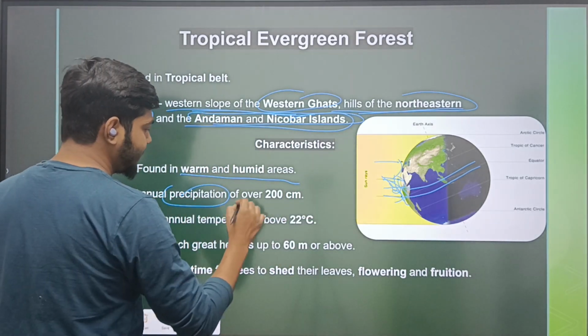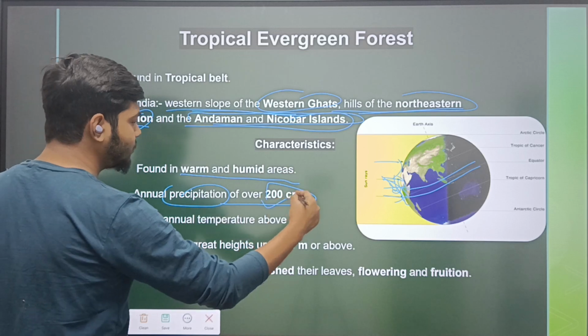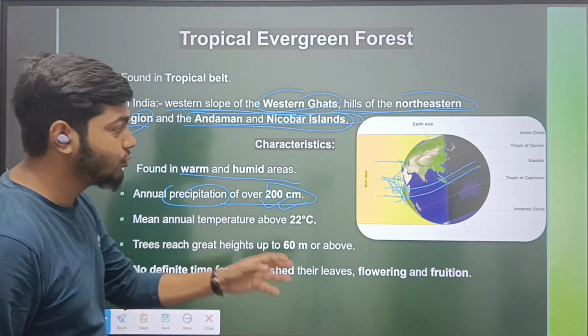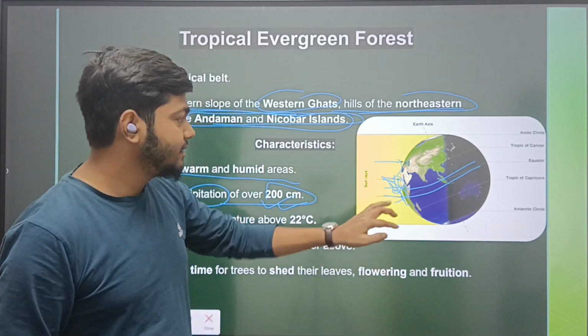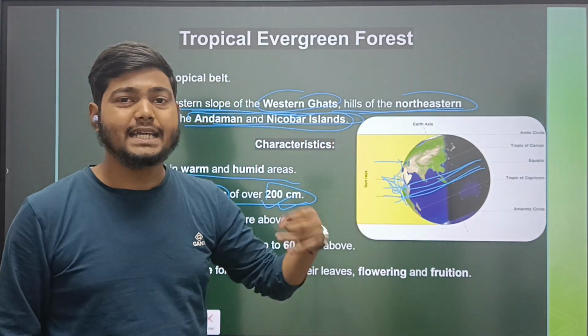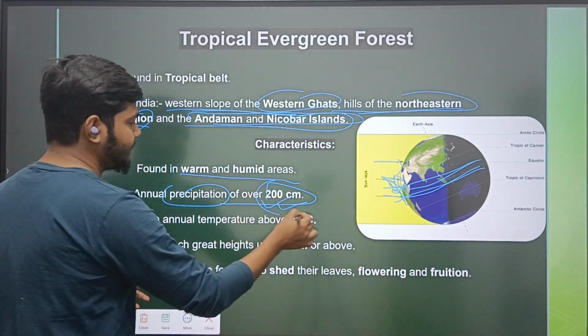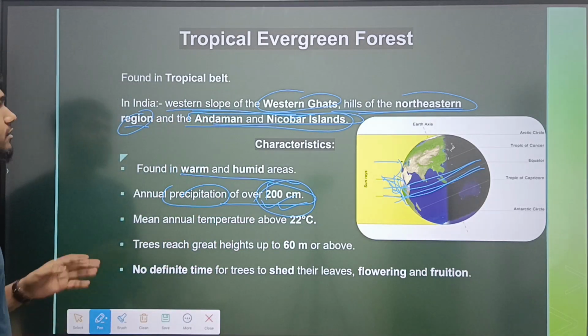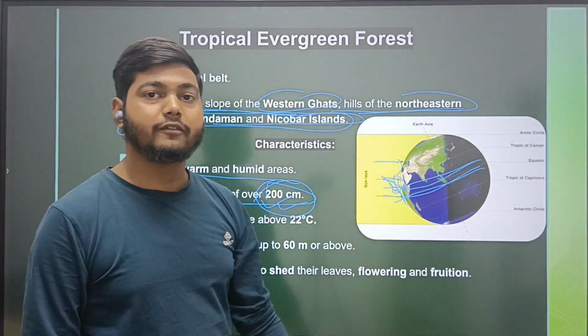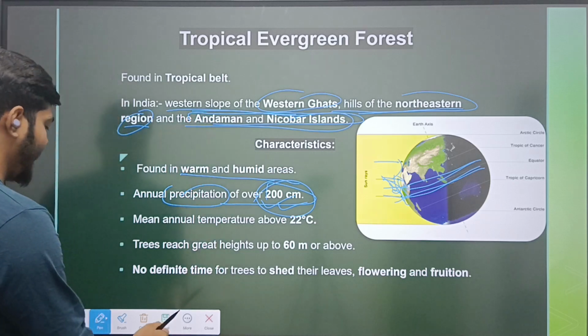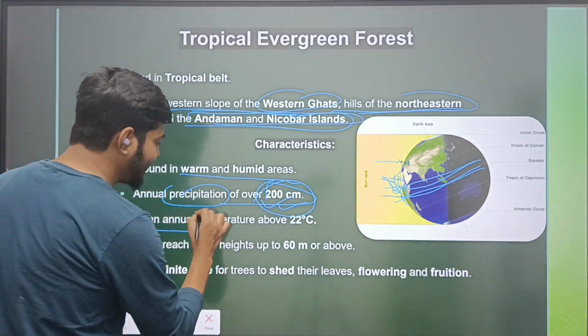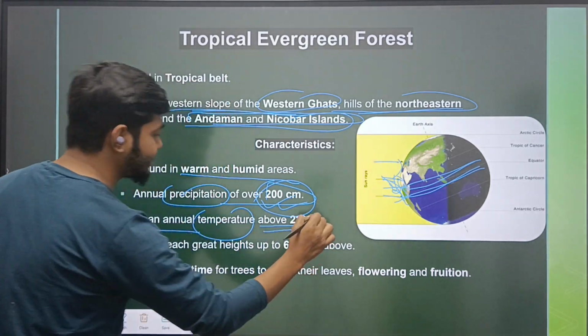That annual precipitation needed is over 200 centimeters, and as I have told you, this region is characterized by high intensity rainfall every day, so obviously the precipitation will be enough for the growth of tropical evergreen forest. Okay, and a mean annual temperature above 22 degrees Celsius.